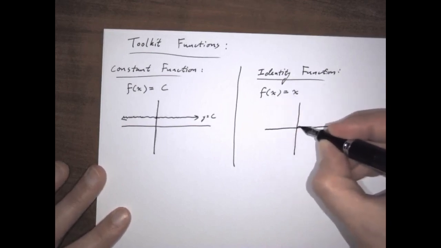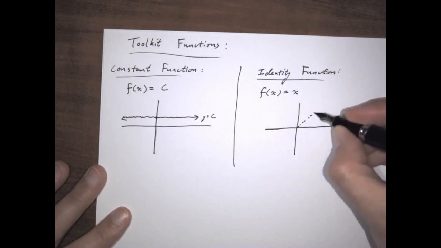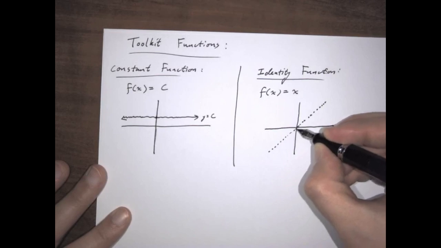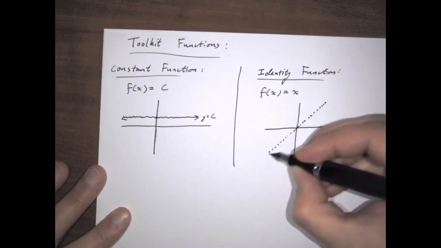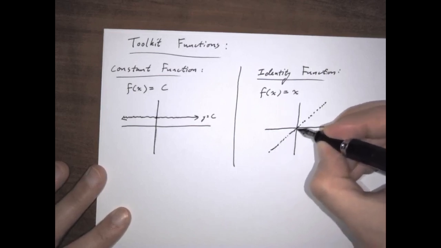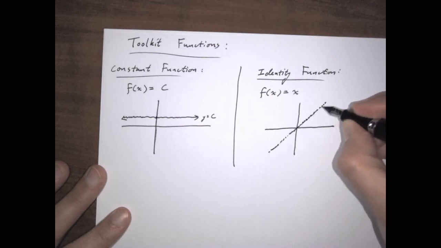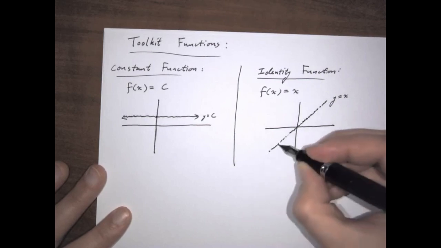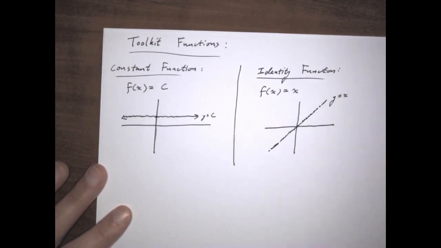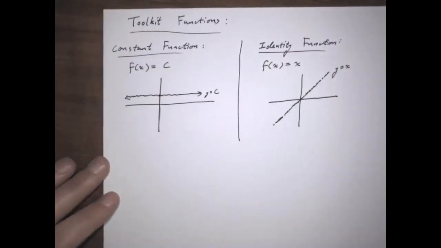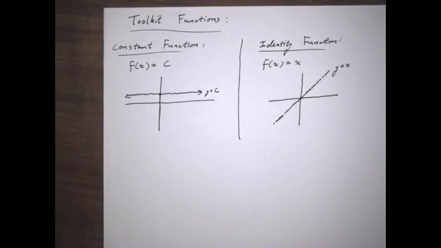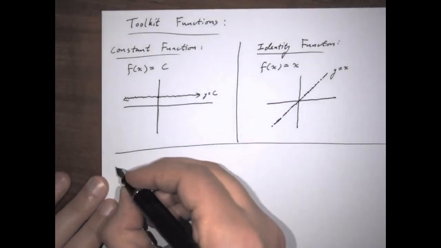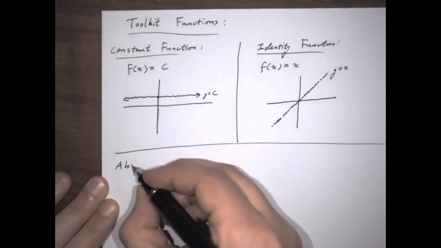So in other words, it's going to be going right up diagonally with slope of 1. So this is the same as just a line y equals x. So slope of 1 going right through the origin. The next from our toolkit is what's called the absolute value function.